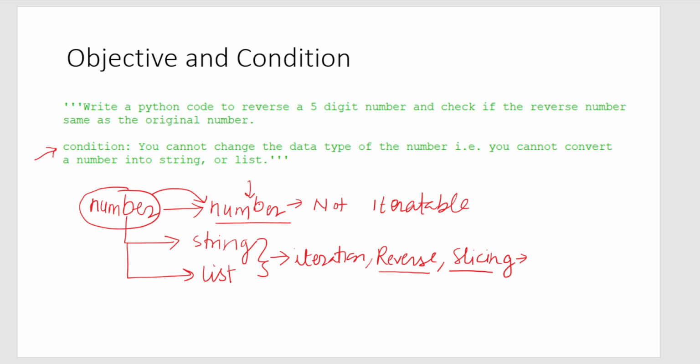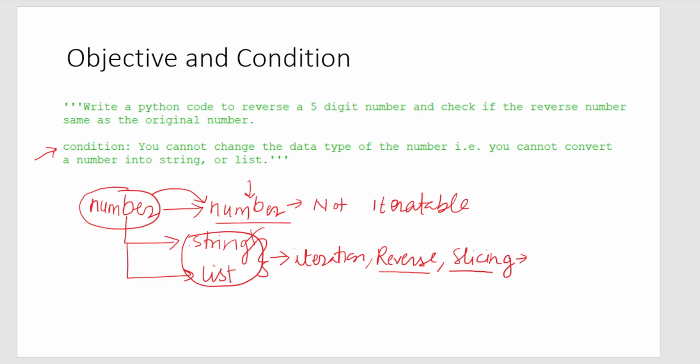So how are we going to reverse a number if you cannot use these two options? When using these two options, it is a bit easier. But by using this as a number, we need to take certain other steps. What are the different steps which help us to reverse a number?